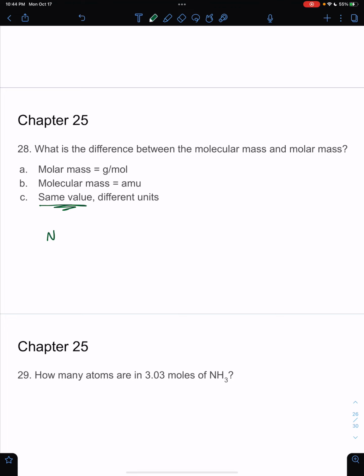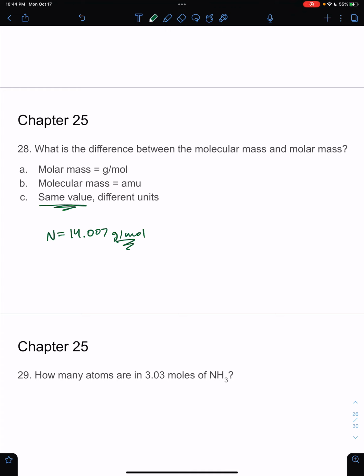So like we just said, nitrogen has a molecular mass of 14.011, I think, or maybe it's something close to that. Like I said that backwards, the molar mass is 14.007 grams per mole.